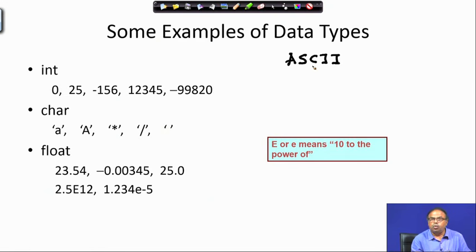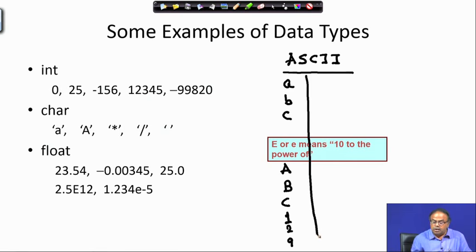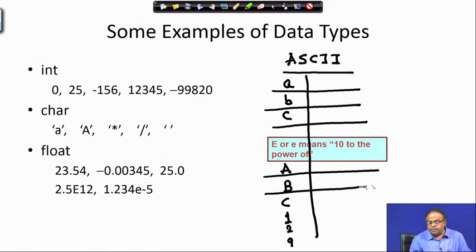According to this table, every English character, A, B, C, D, capital A, B, C, D, and digits 1 to 9, all of them have a particular code, the American Standard Code, and that is accepted in all computers.